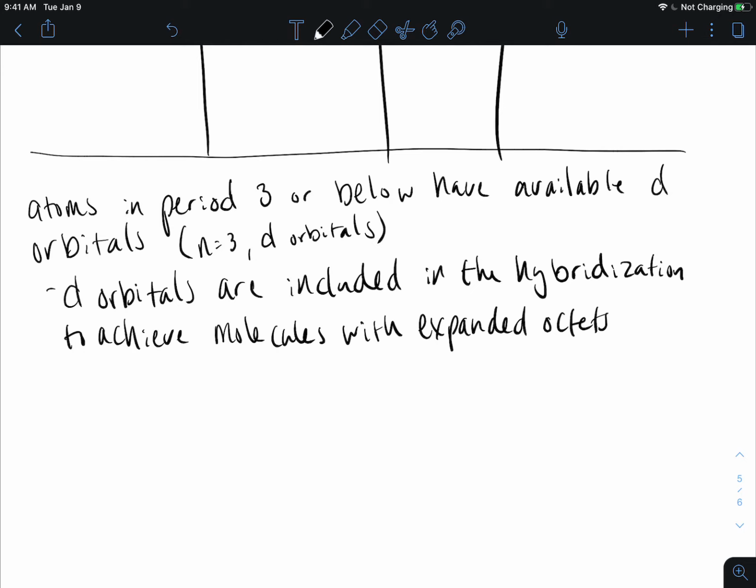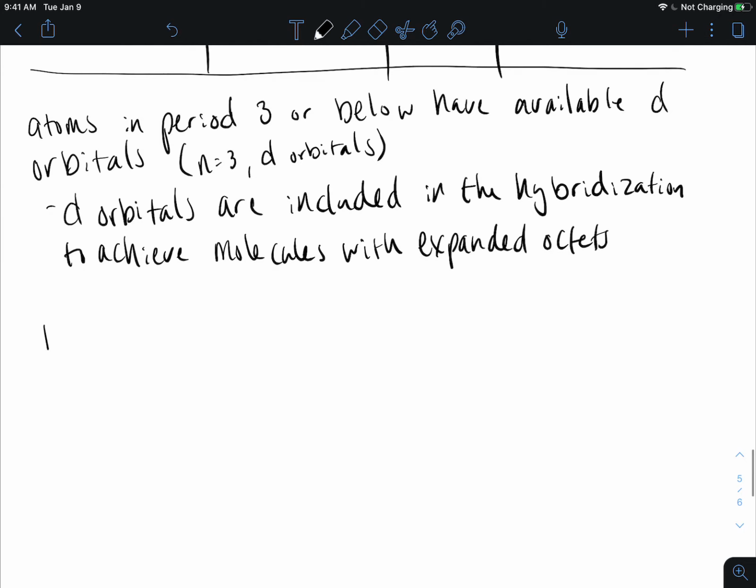Okay, so let's look at these. One example of this is PCl5. So for PCl5, we have our phosphorus, which has 5 electron groups around it. So that means it's going to need 5 sets of orbitals in order to mix and form hybrids.